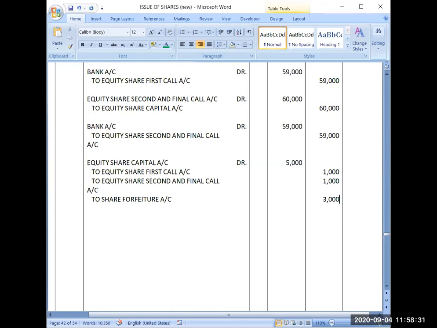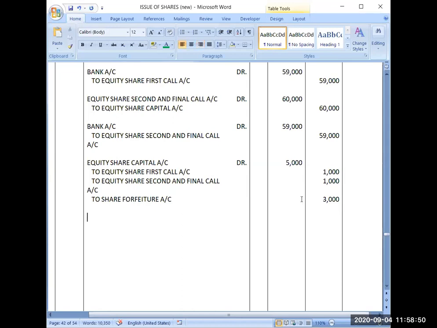If you write the wrong amount against the share capital, you will automatically come to know when you write the other amounts that some amount is wrong. But if you do it by the subtraction method, then you will never know that you are doing something wrong. So take this as a very, very important point.